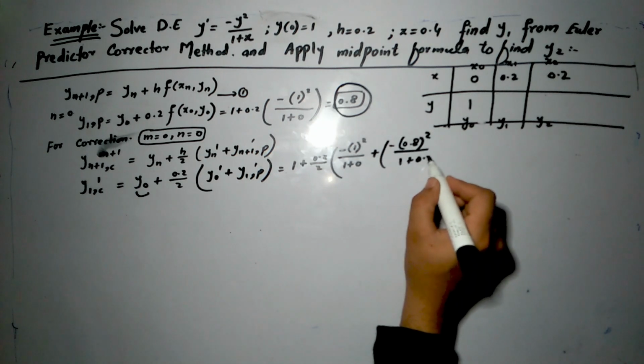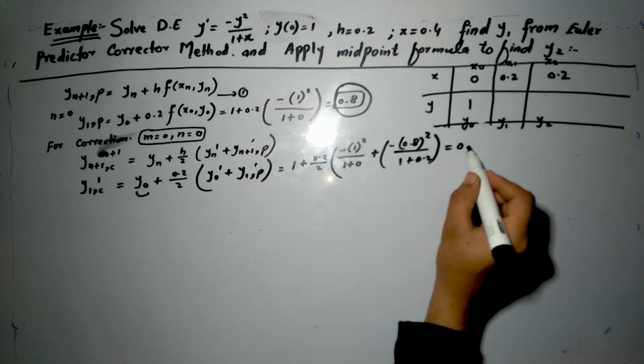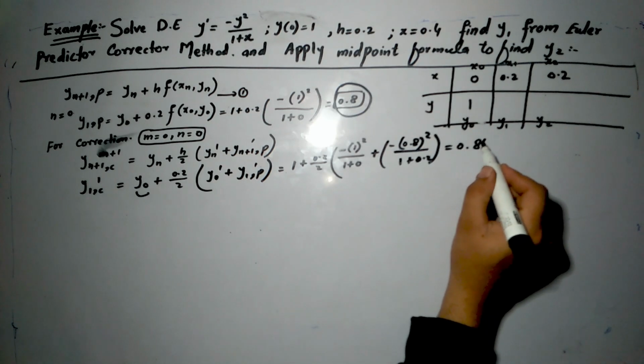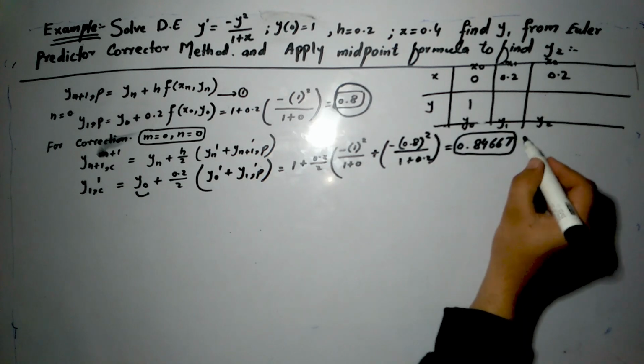So after putting the values, this will be equal to 0.84667. So this is equal to y1 of c prime.